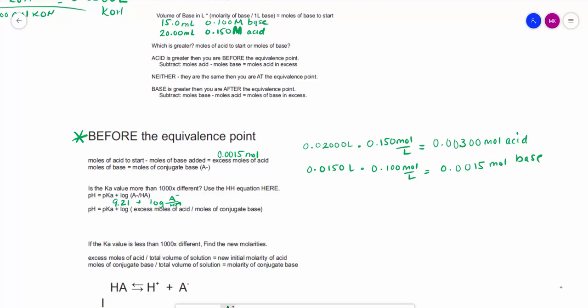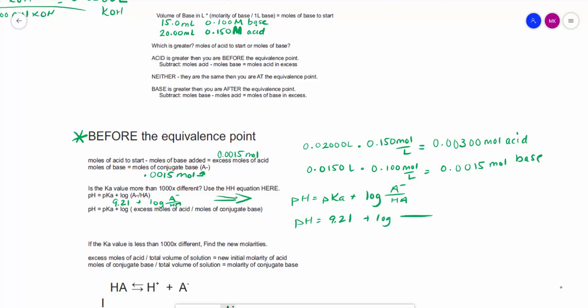The moles of the base are going to be equal to the moles of the conjugate base, so I have 0.0015 moles of conjugate base. Now I can use the Henderson-Hasselbalch equation: pH equals pKa plus the log of the ratio of A minus to HA. The pKa was 9.21.